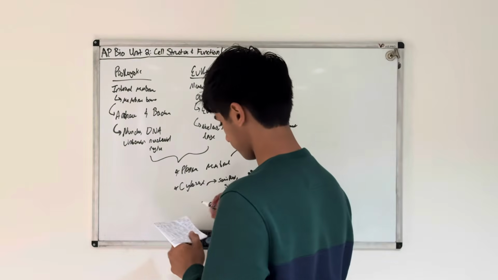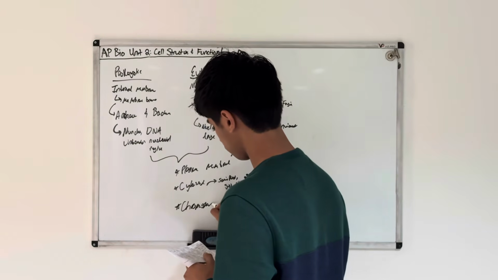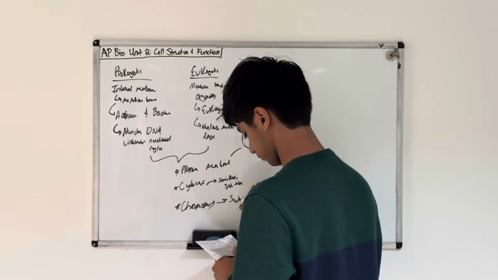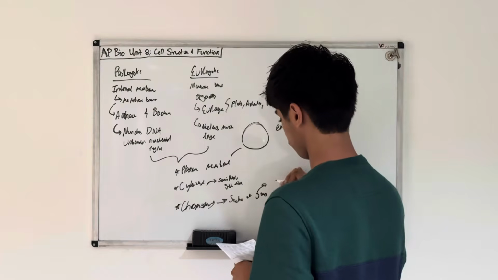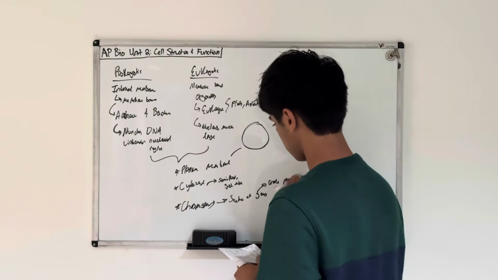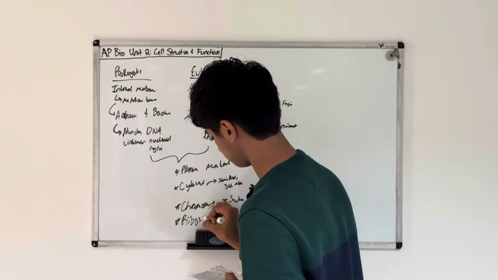Next, we have chromosomes. All cells have chromosomes, which are sections of genes or DNA. These sections of genes help to create proteins through the use of ribosomes. So all cells also have ribosomes.